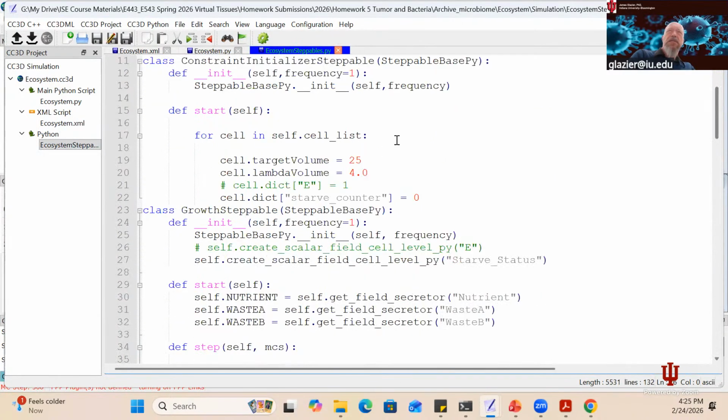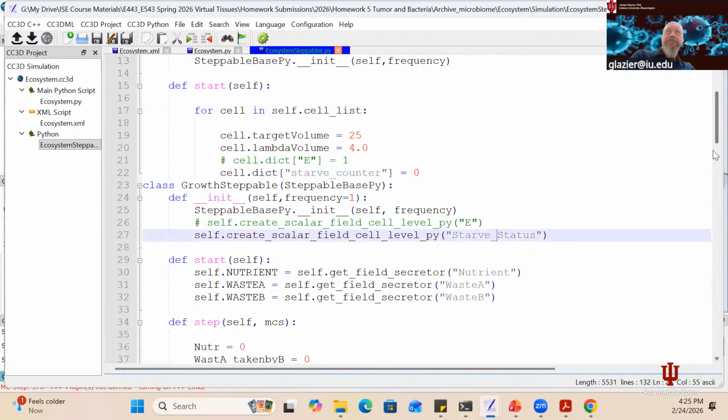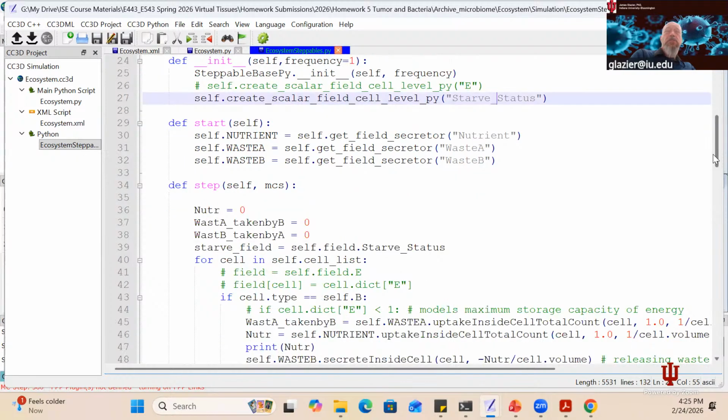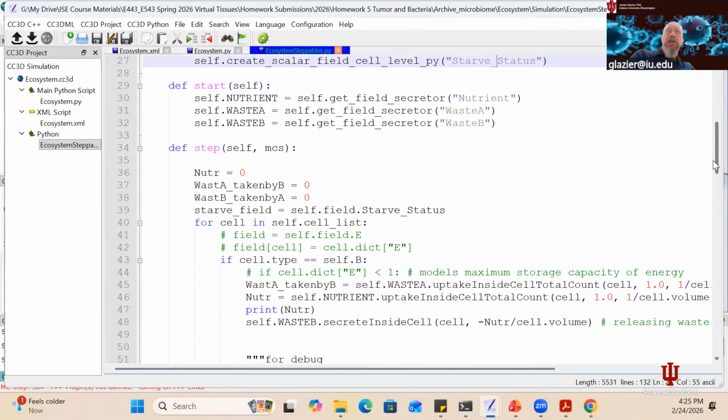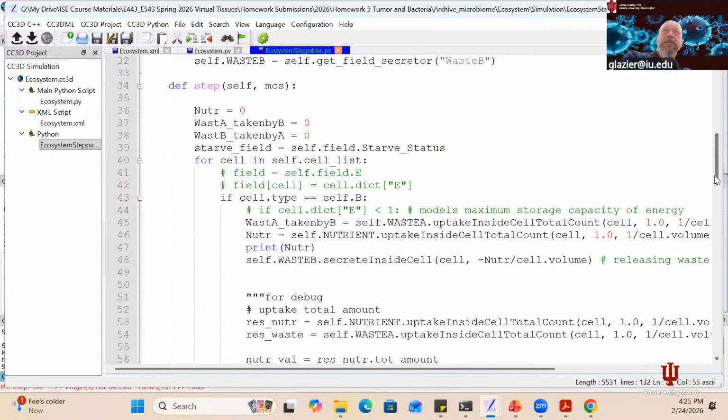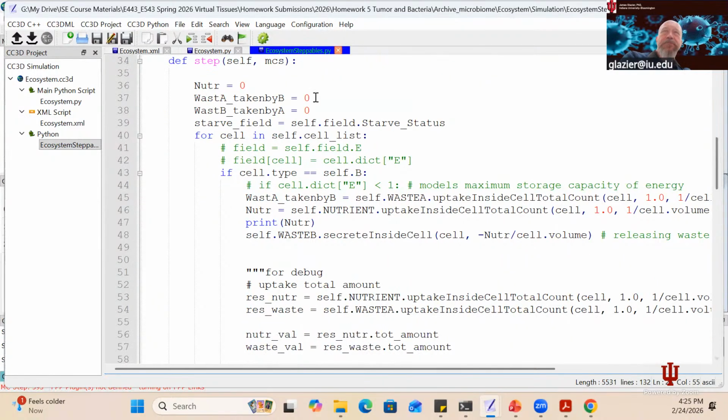You define the cell volumes. You have a starvation counter. You have a scalar field for the starvation status. You pull the field secretors at the beginning, so you don't have to keep repeating that. That's a good way to do it. Now, what are you doing? Nutrient. So you've got some counters.